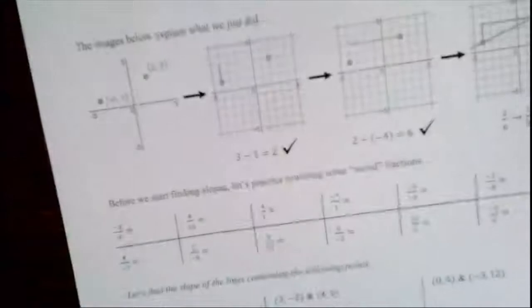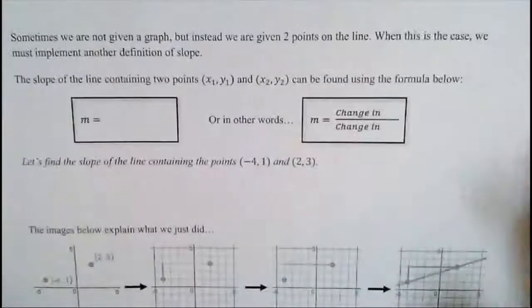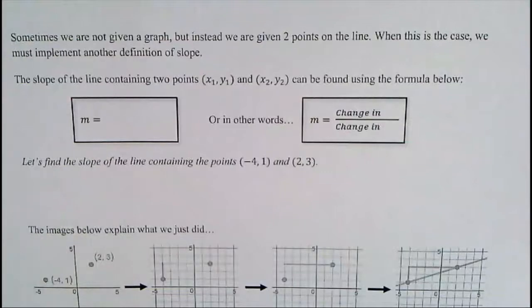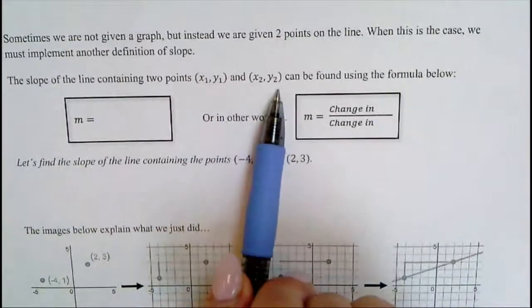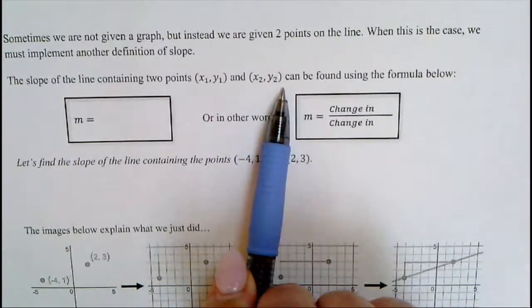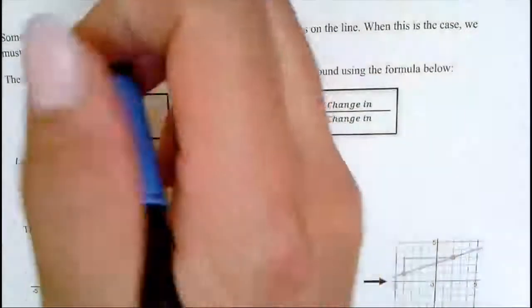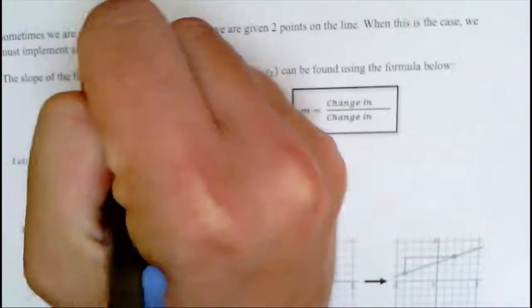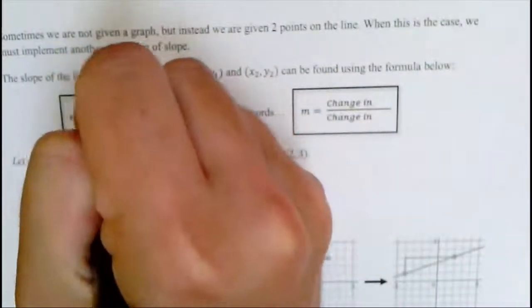Sometimes we don't have a graph given to us. Instead, we're going to be given 2 coordinate points, and we call them x1, y1 and x2, y2, which is a fancy way of saying your first coordinate point and your second coordinate point. We are going to use our slope formula, which is y2 minus y1 over x2 minus x1.